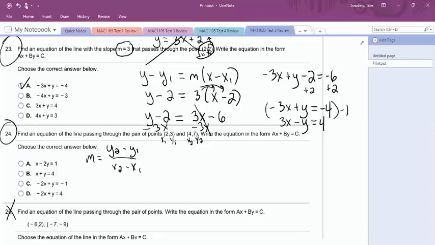So what did you get for the slope? 2. We got 7 minus 3 over 4 minus 2, which is 4 divided by 2, which is 2. Good.